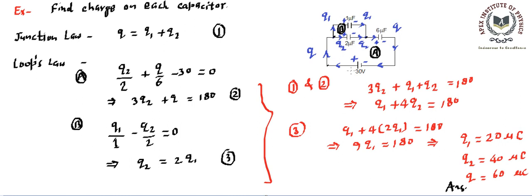Just like across the battery, the potential difference is given there. Across the capacitance, the potential difference is Q by C. Across the resistance, the potential difference as per Ohm's law is V equal to IR. Similarly for an inductor we are going to find, right? And we will be writing the potential drops and summing them up to put to 0. We will get our answer.